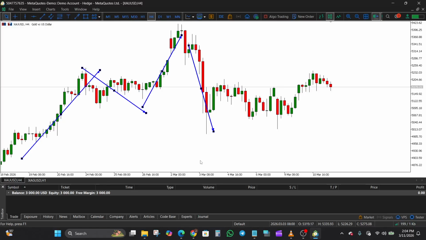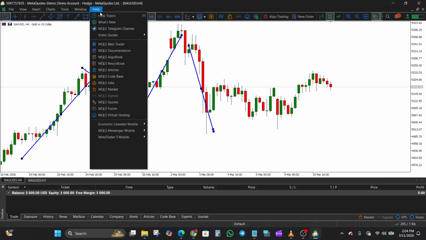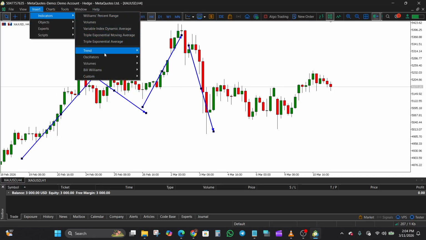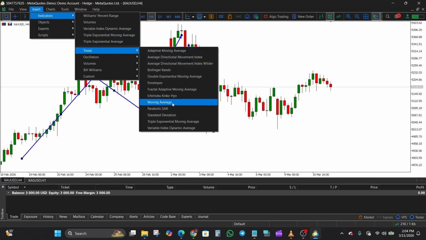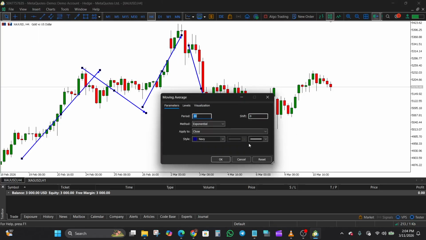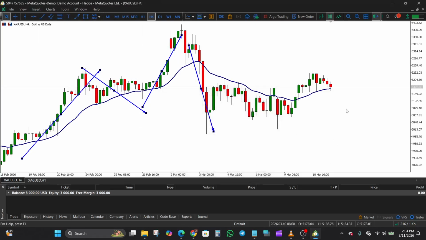So you can use a moving average. For example, we're just going to insert a moving average. Or you can just simply use pure price action, just like I indicated here, higher highs and higher lows.